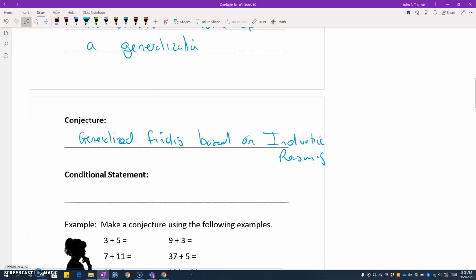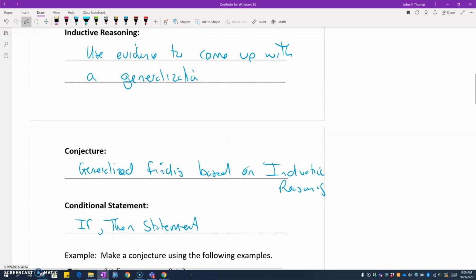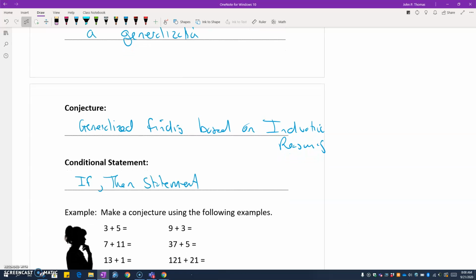And a conditional statement is basically an if-then statement: if this happens, then this is going to happen. So inductive reasoning is basically a generalized finding based on evidence, and that generalized finding we call a conjecture, and often we word it in an if-then statement, which is a conditional statement.